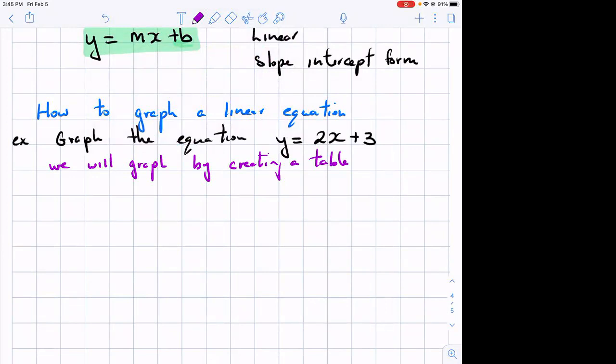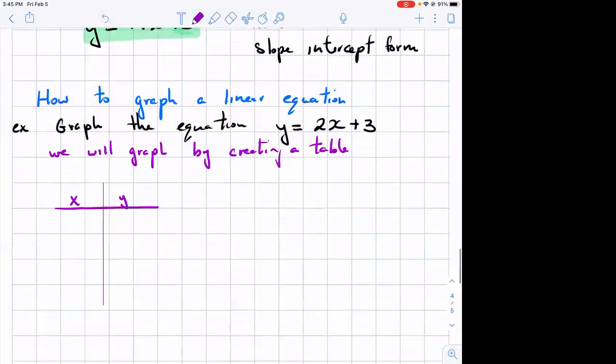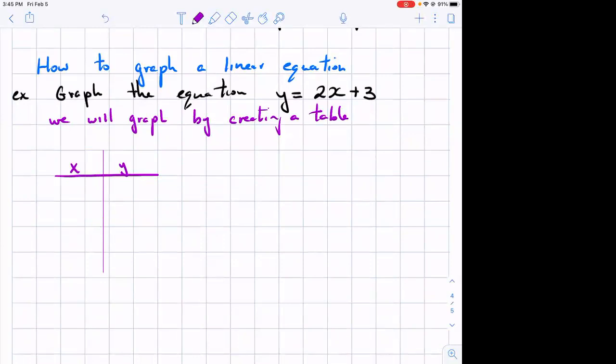So what we mean by that table is that we make a table, x and y, and we randomly choose values. The minimum amount of values you should choose is 2, but I would prefer if you choose more than 2, just to confirm.